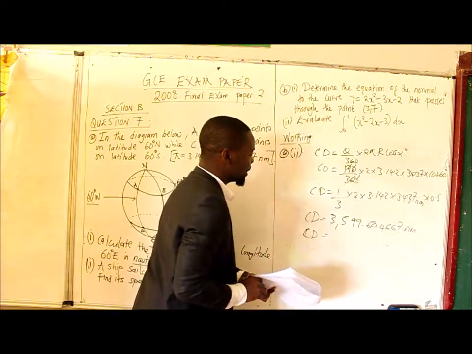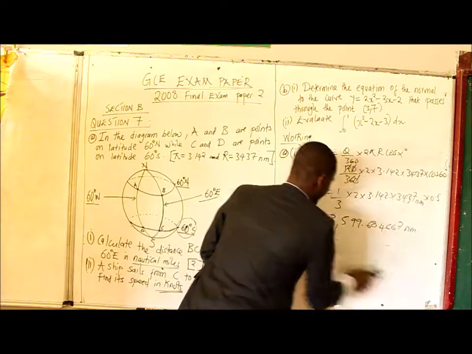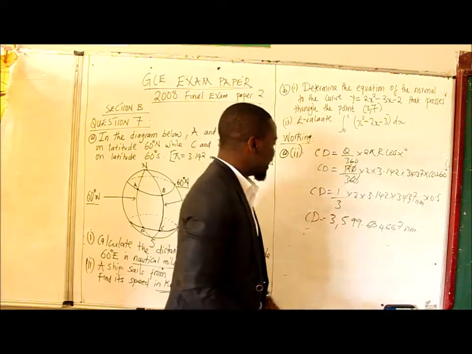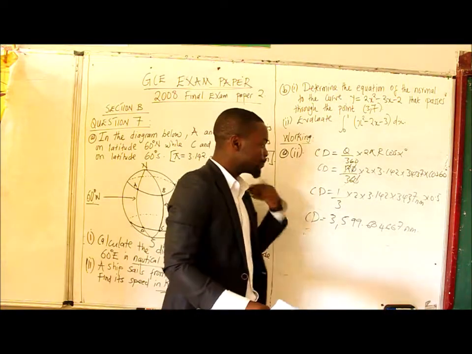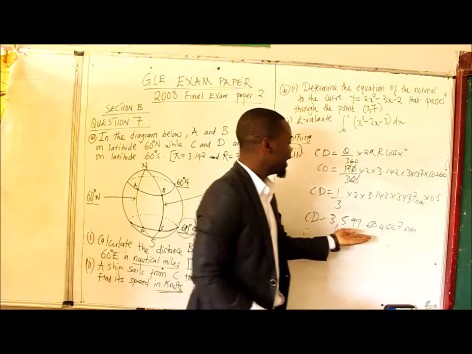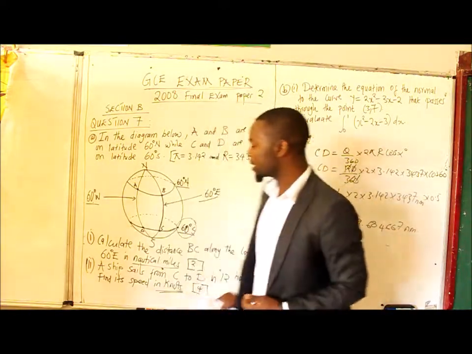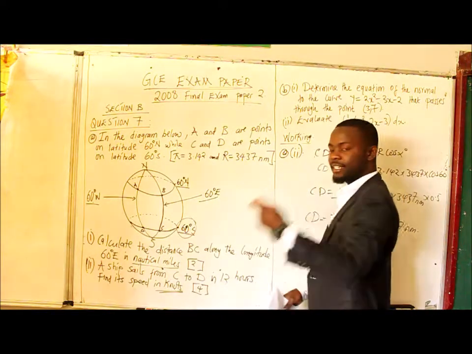So this is your distance in nautical miles when you simplify this one. Now, you can correct it to the nearest 2 decimal places, but I prefer to keep the decimals because this is not our final answer. Our question is asking for the speed, and what we are calculating is just a distance.